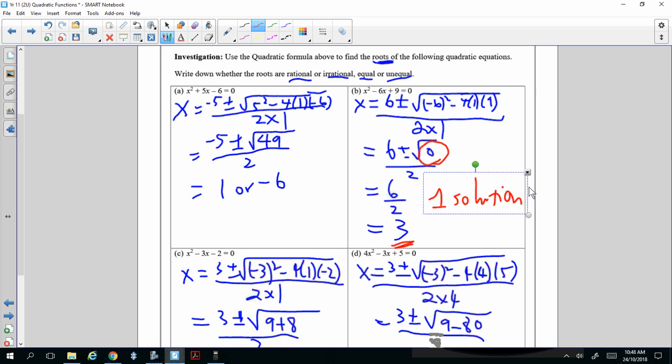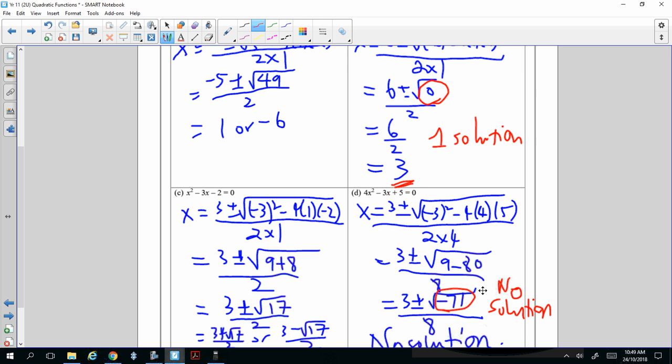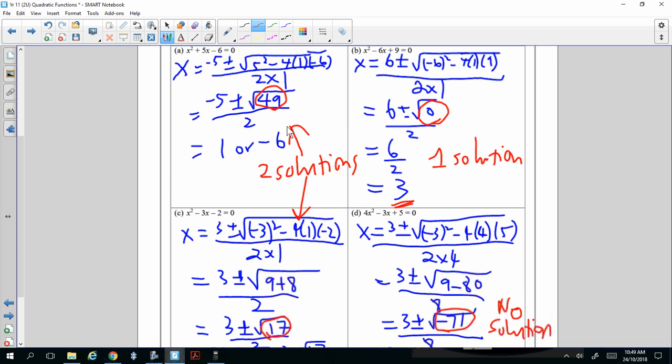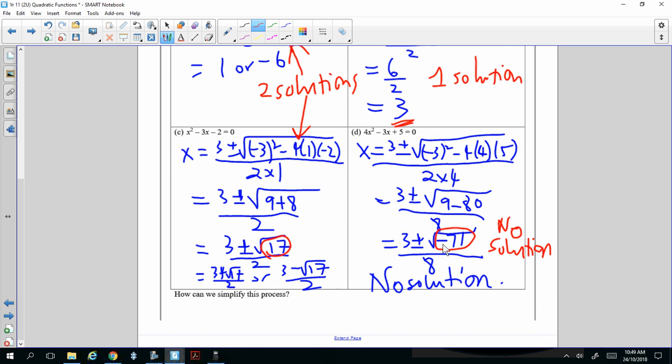And when it is negative, there's no solution. And when it is positive, there are 2 solutions. Does that make sense? Because it discriminates between these 3 cases, no solution, 1 solution, 2 solutions, we'll call this thing the discriminant.